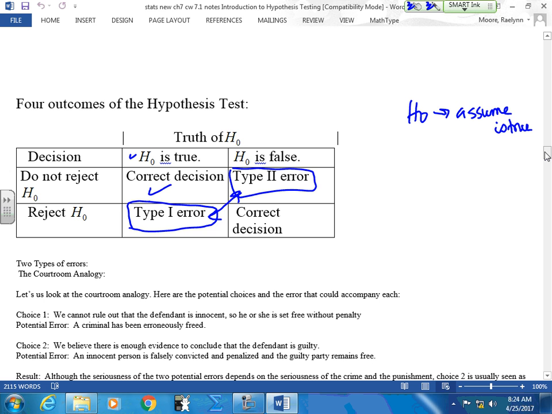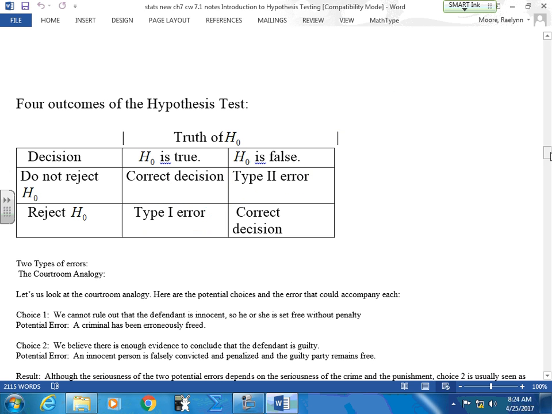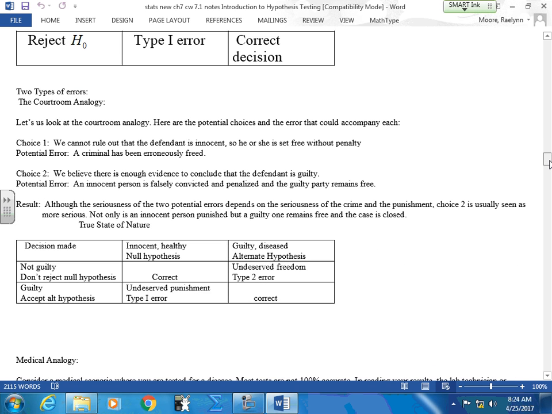Here's a really good courtroom one that I was just telling you, kind of similar. I know this is a little boring, but you just got to kind of get the feel for the type 1 and the type 2 errors. So here are some potential choices and the errors that can happen. Choice 1. We cannot rule out the defendant is innocent, or he or she will be set free without penalty.